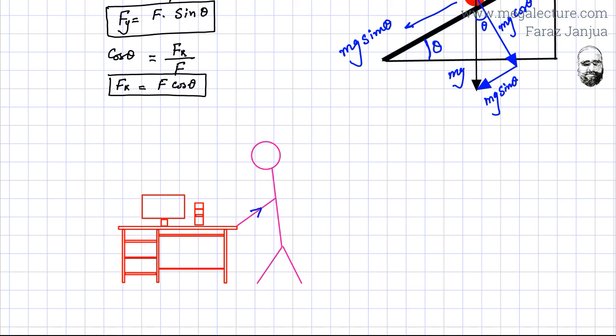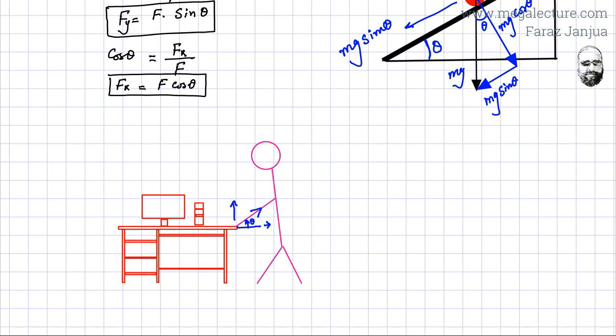So it is making an angle of theta over here. That means a component of force is trying to pull and a component of force is trying to lift. But we don't want to lift the table. What we want to do is drag.